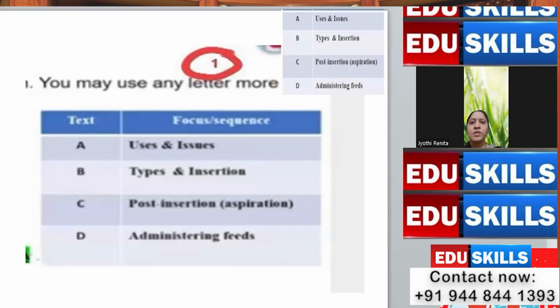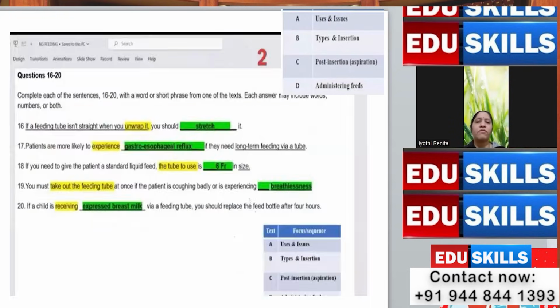So next, for each question, you have to name the paragraph, like 16 belongs to which paragraph? Paragraph types and insertion. And 17 belongs to which paragraph? Paragraph uses and issues.